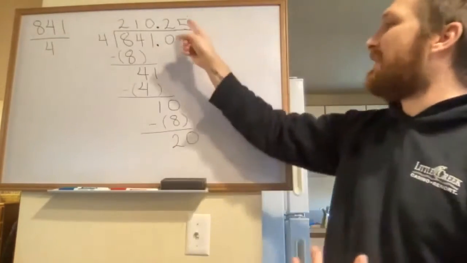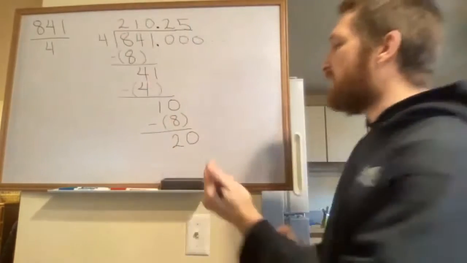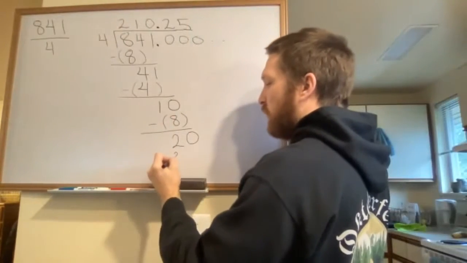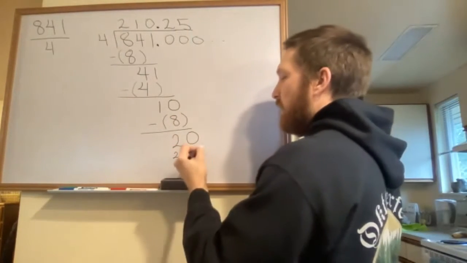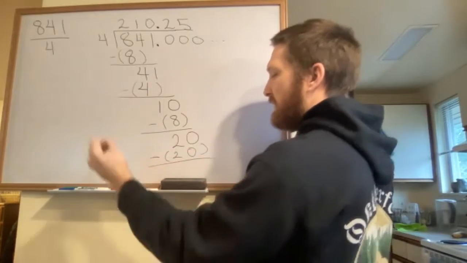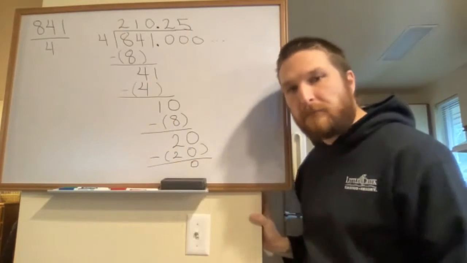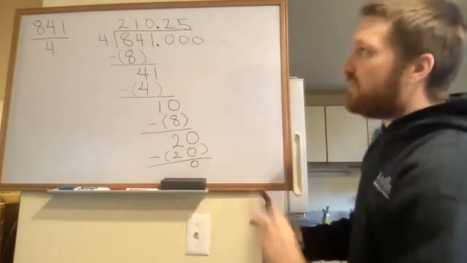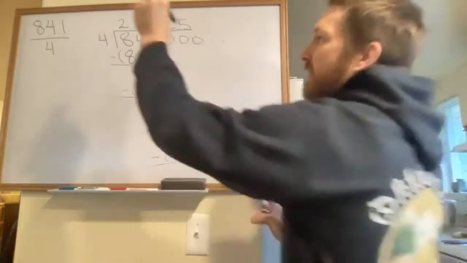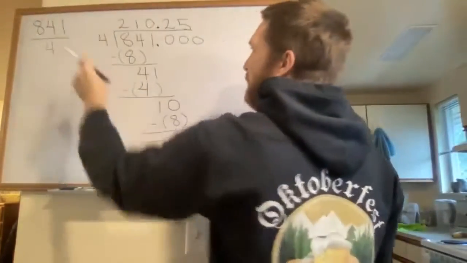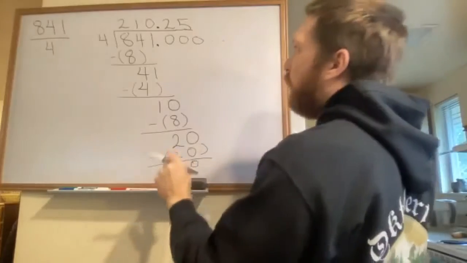That number is 5. 5 times 4 is 20. And so I put a 20 right here. I'm going to subtract him off, and we have a remainder of 0 now. And what we've just found is that that number divided by that number is 210.25.